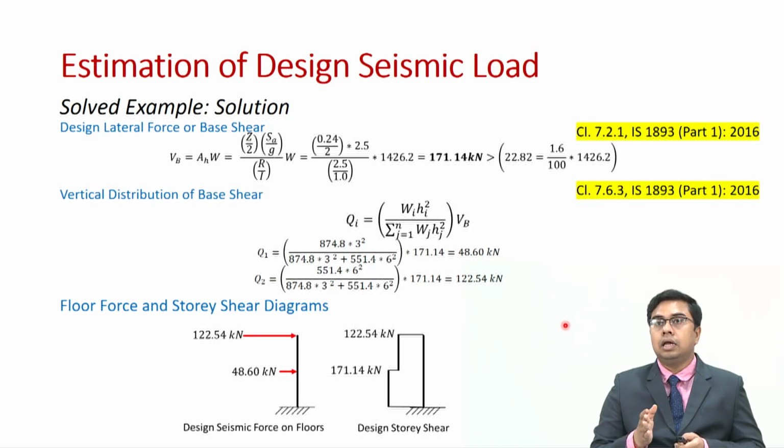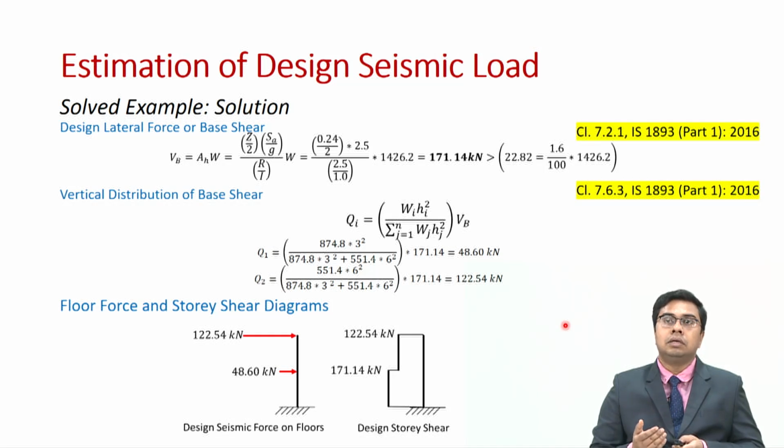Now, once we have this story shear known to us, we will notice that in our case, for earthquake loading along the east-west direction, we have two walls. One is the northern external wall and another is the southern external wall. Both of those walls resist the earthquake loading. So, how will you consider it?